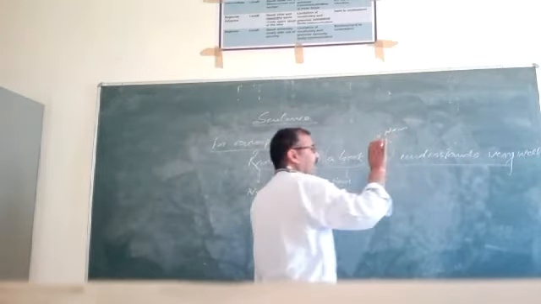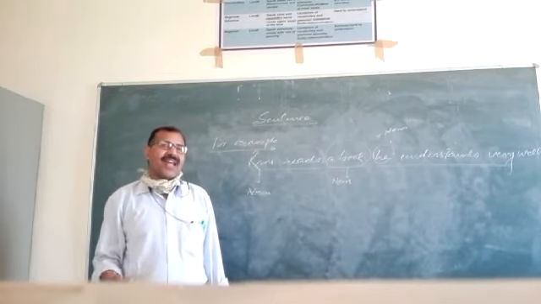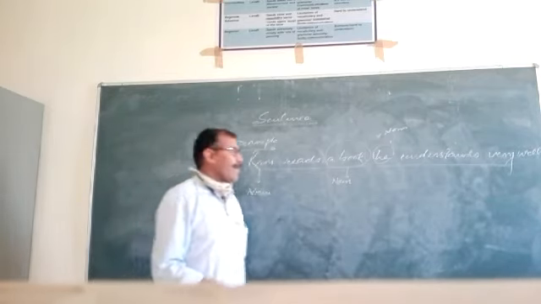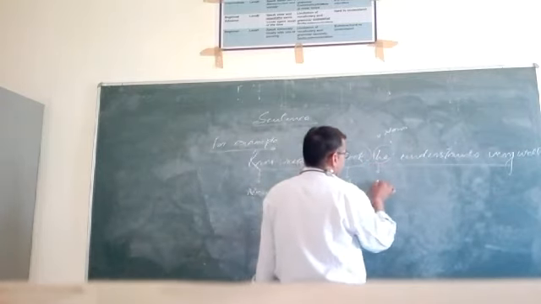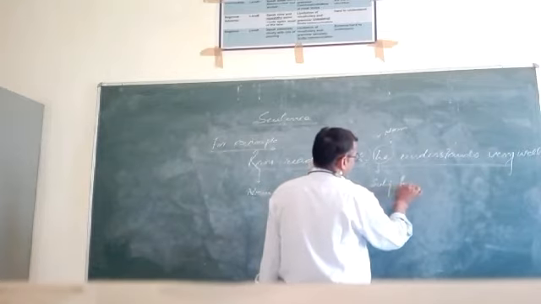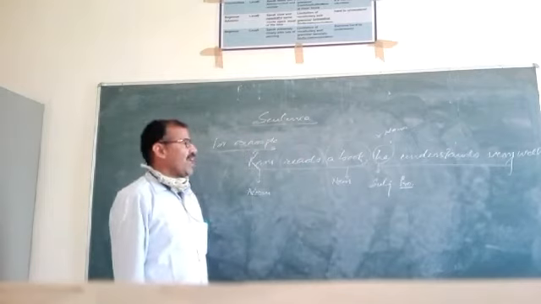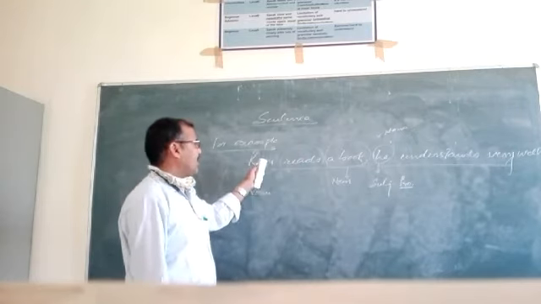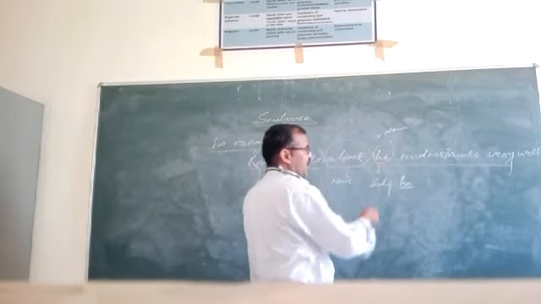But if you have learned the pronoun chart, definitely you can clear it in an easy way because it is the subjective form of pronoun. The subjective form pronoun is used here in place of the noun. So it is the pronoun subject form.